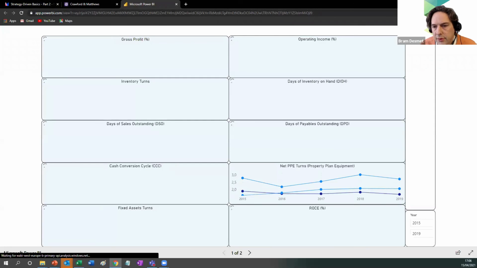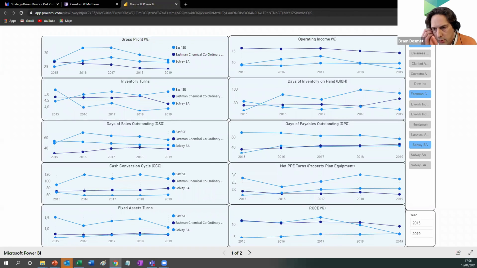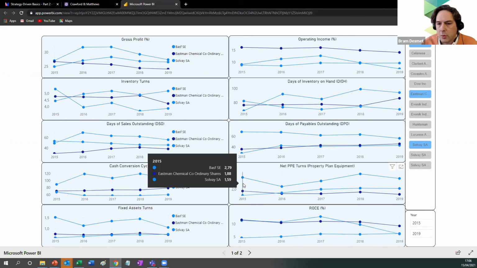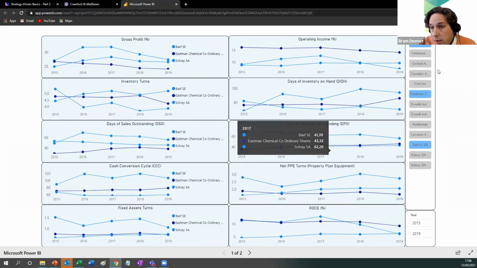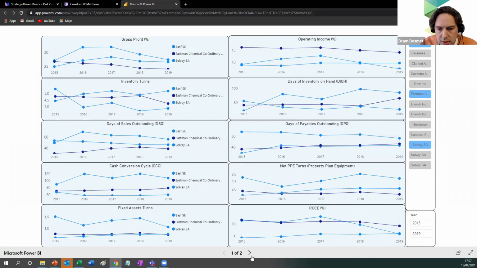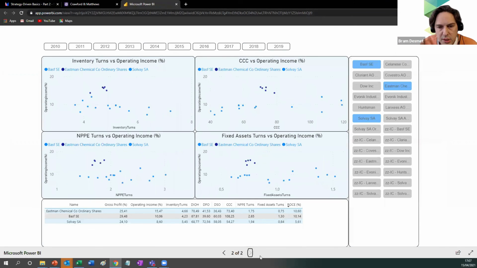So we have a couple of standard industry reports available. This is an example of a chemical report. This is the one-dimensional benchmark we discussed last time. And you can add companies or you can remove companies, which is relevant for your specific situation.